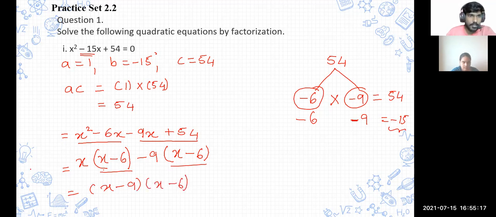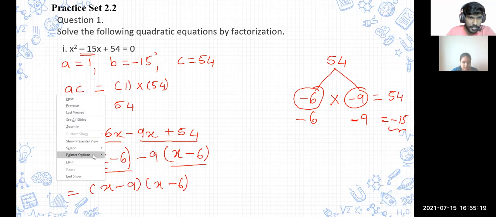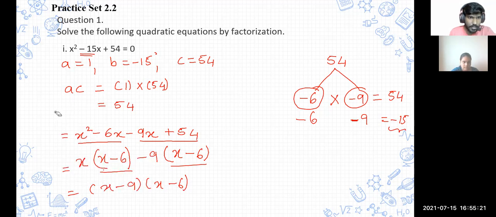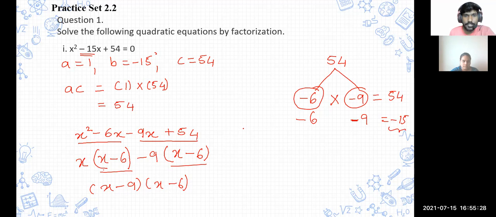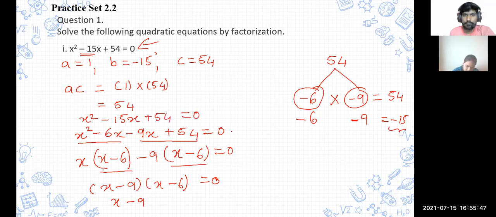One thing: instead of this, we will have to write it as equal to 0. The question is x square minus 15x plus 54 is equal to 0.